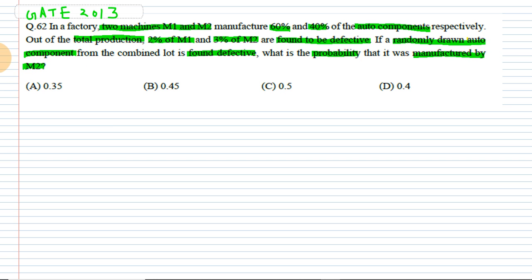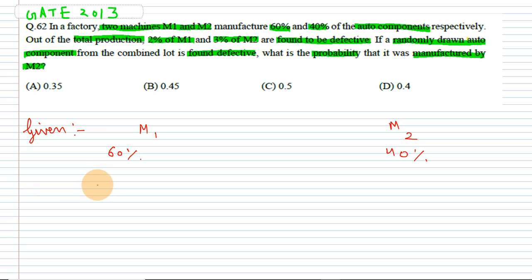So what they have given in the question: in a factory there are two machines, M1 and M2, with 60% manufactured by M1 and 40% by M2.